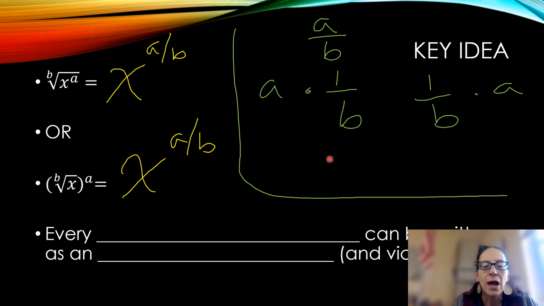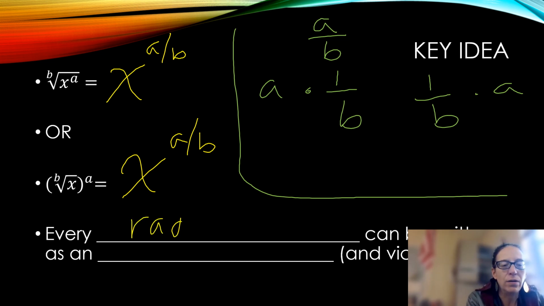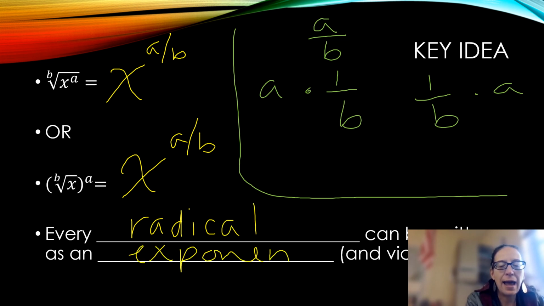Now, down here, I'm actually going to make a revision, because the "and vice versa" part can be debatable. It's not all the time, so I'm going to make that correction on the in-class PowerPoint. But every radical can be written as an exponent. And I'm going to put a little asterisk that says "and vice versa."